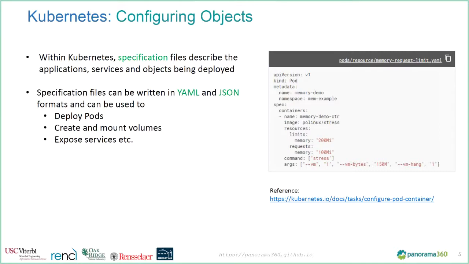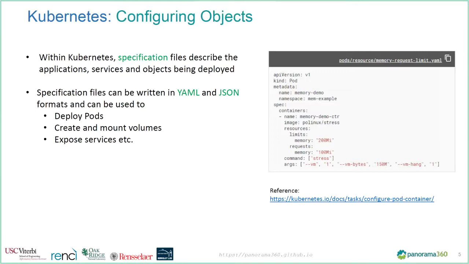So about configuring objects, Kubernetes supports specification files. With these files, we can basically describe what applications we want to run, which services we want to expose, and which other objects we want to have deployed. These specification files come in YAML and JSON, and you can see an example on the right side.